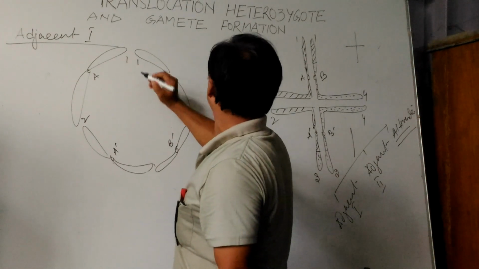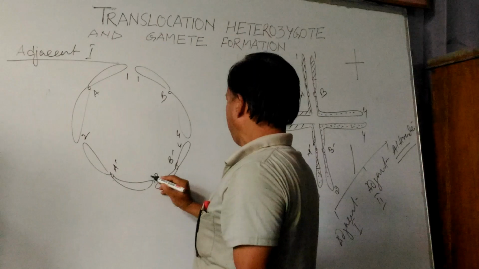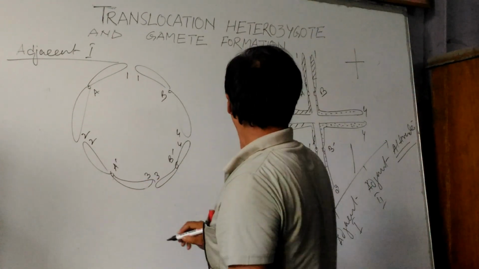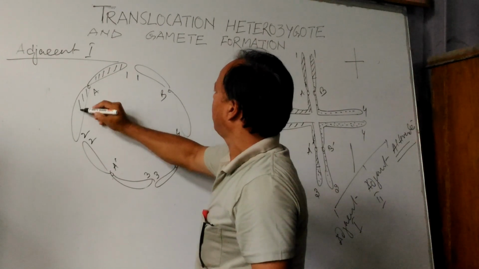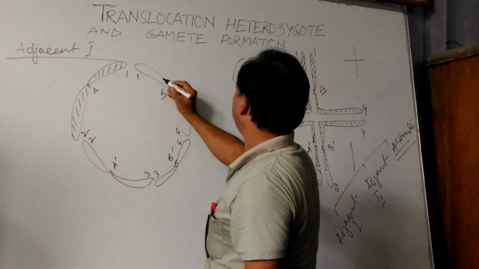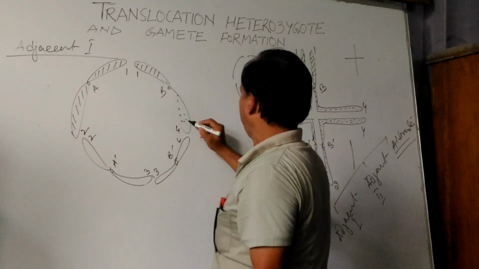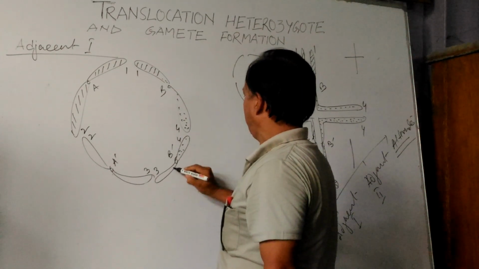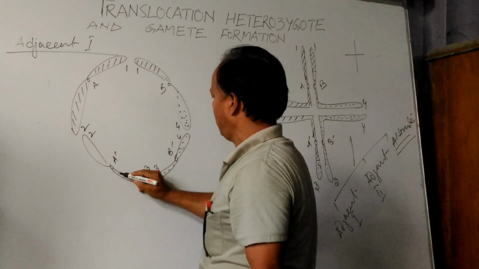And genes are 2, 1, 1, 4, 4, 3, and 3, 2. So this is the ring. First one, third one, fourth one, and second one.